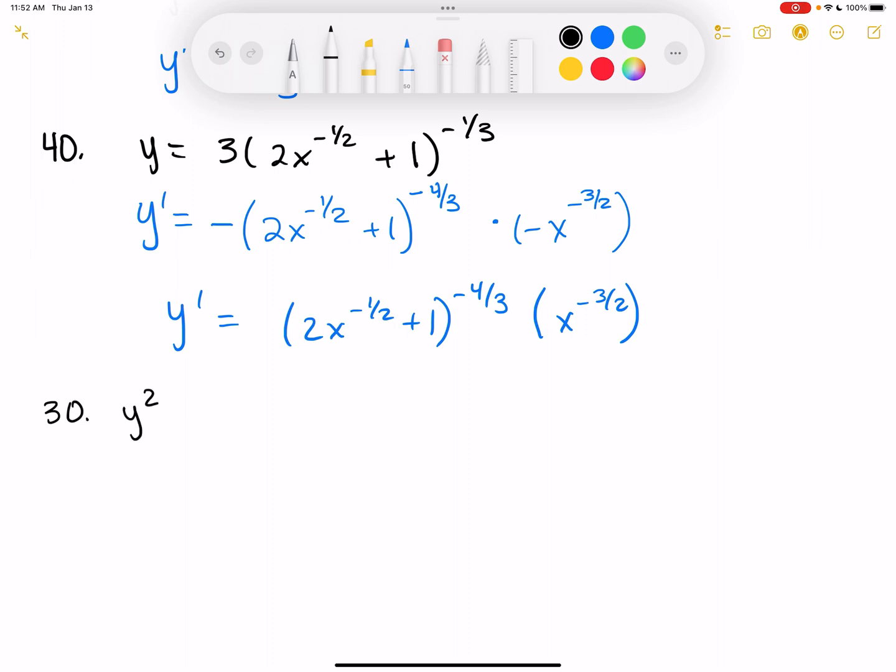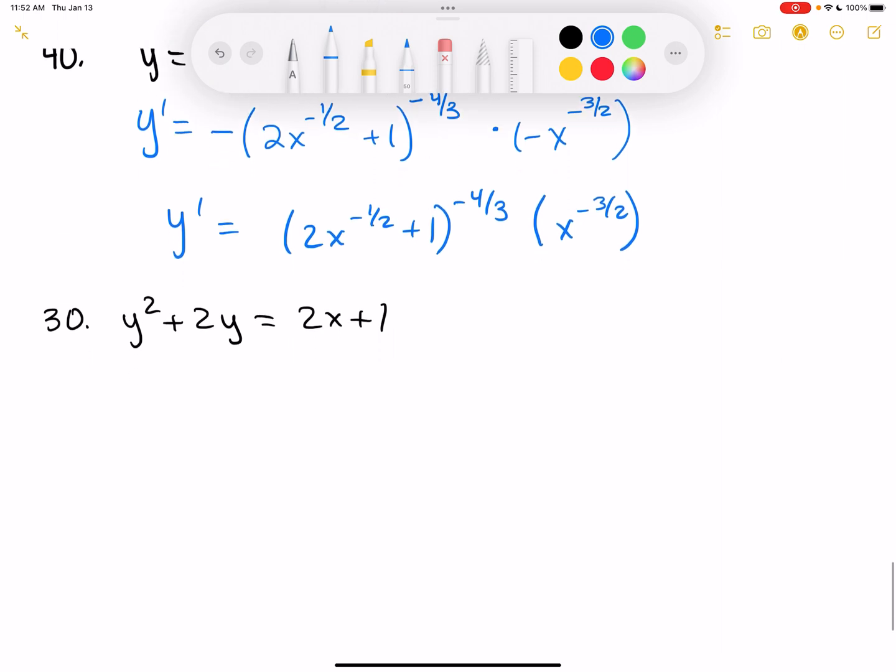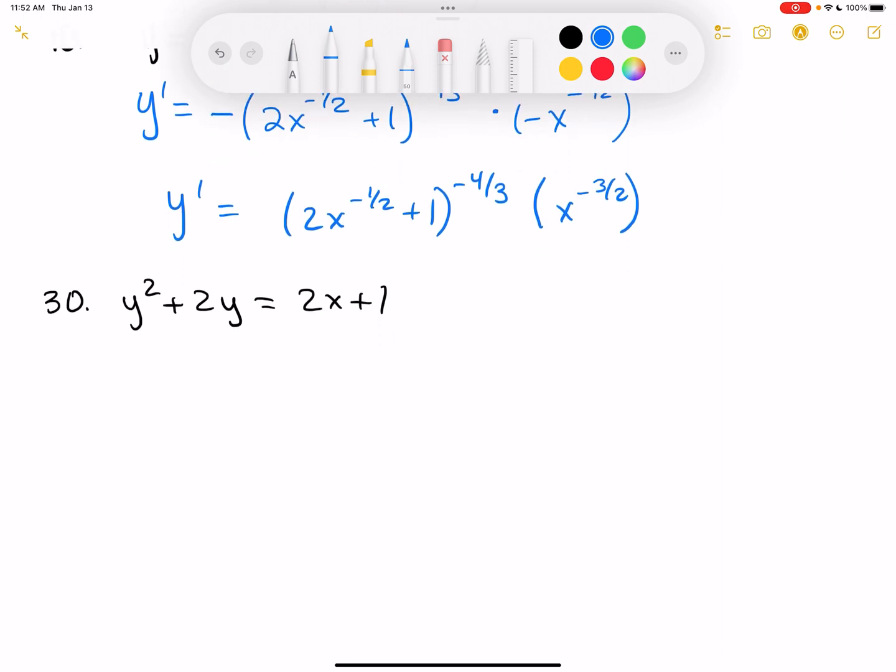So y squared plus 2y is equal to 2x plus 1. I need to add some other stuff in that.